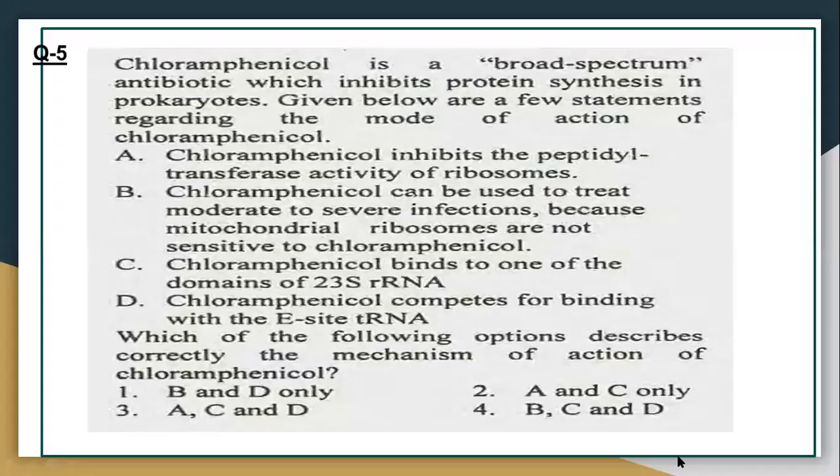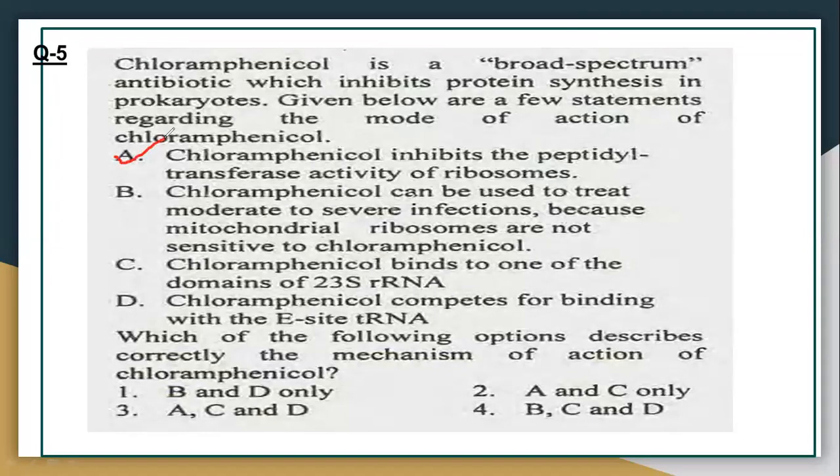Now, chloramphenicol is a broad-spectrum antibiotic which inhibits protein synthesis in prokaryotes. Given below are a few statements regarding the mode of action of chloramphenicol. Chloramphenicol inhibits peptidyl transferase activity of the ribosome. These are correct.